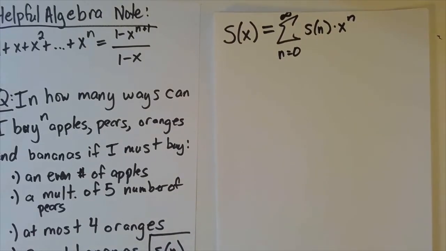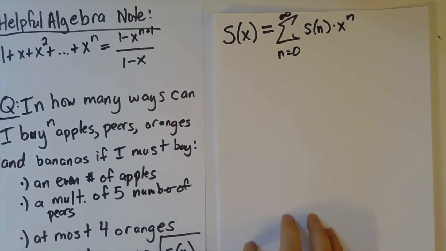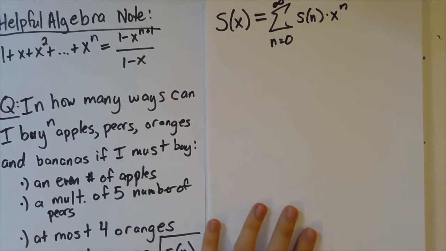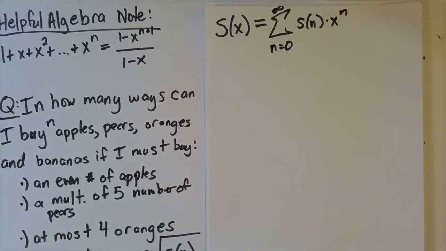I'll do it in a minute, but again, try and write this down in some nice way first, and then check back with me. Also, if you want a challenge, before I ruin all of this for you, you can try and figure out an explicit formula for S of n, because by the time we're done, we're actually going to have an explicit formula for S of n, believe it or not. Okay, so pause the video here, look at it, and then come back and we'll do it together.